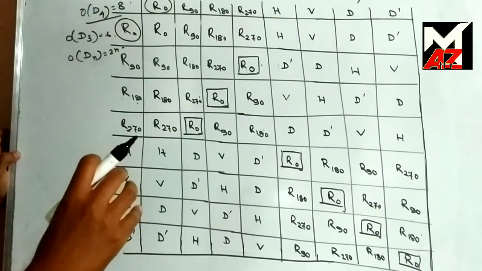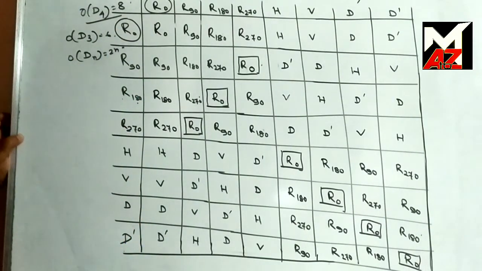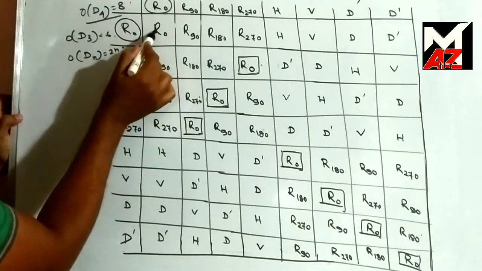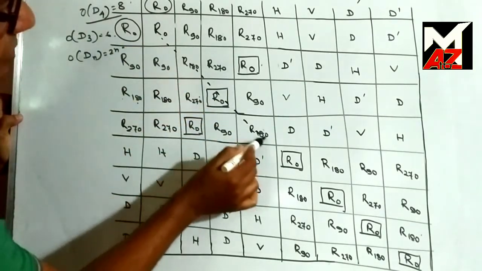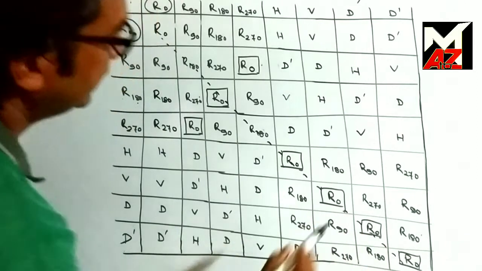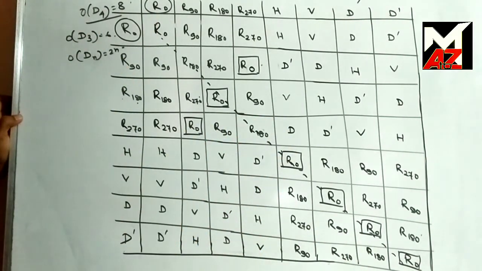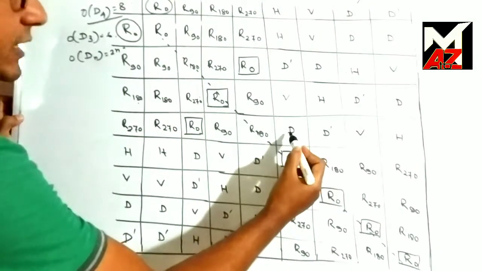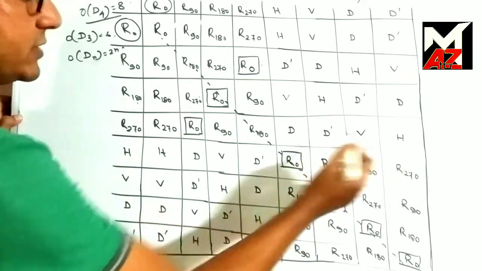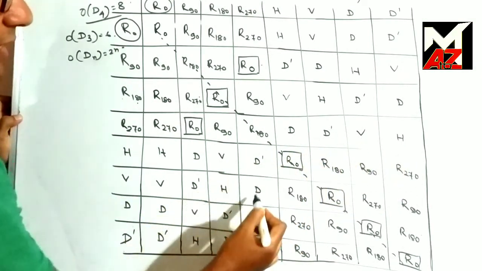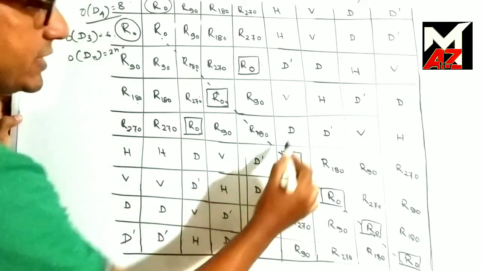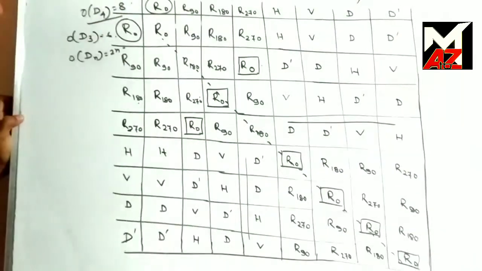Here we see an important property. With respect to the principal diagonal, one side has D dash V H, but the other has D dash D H V, so these are not the same.